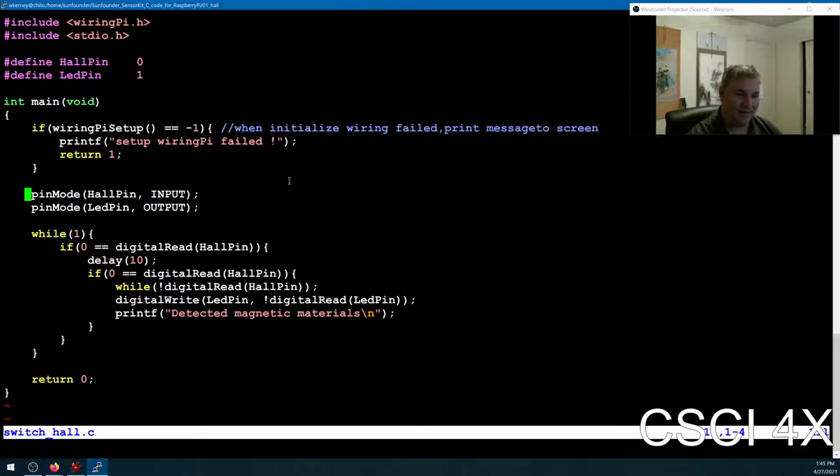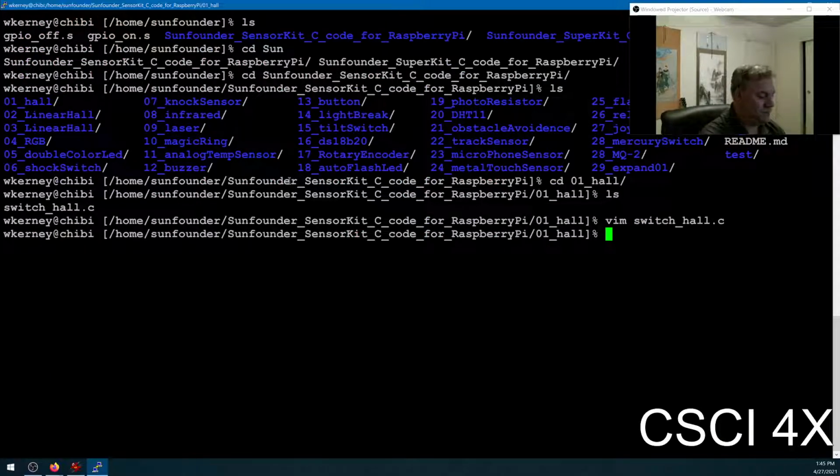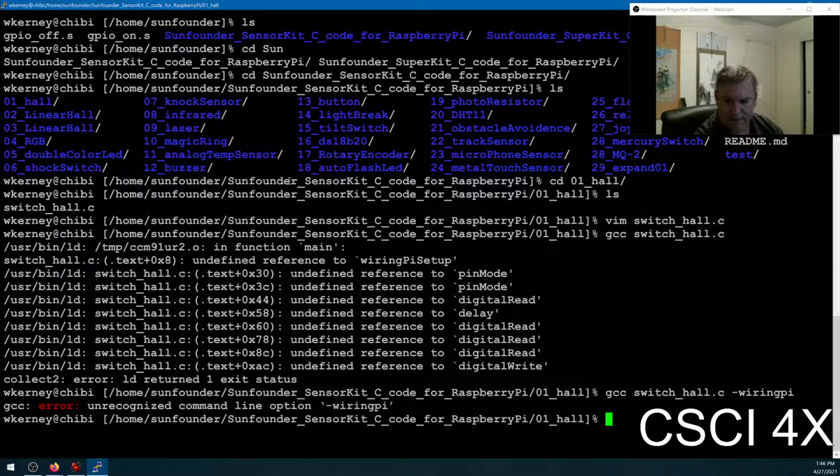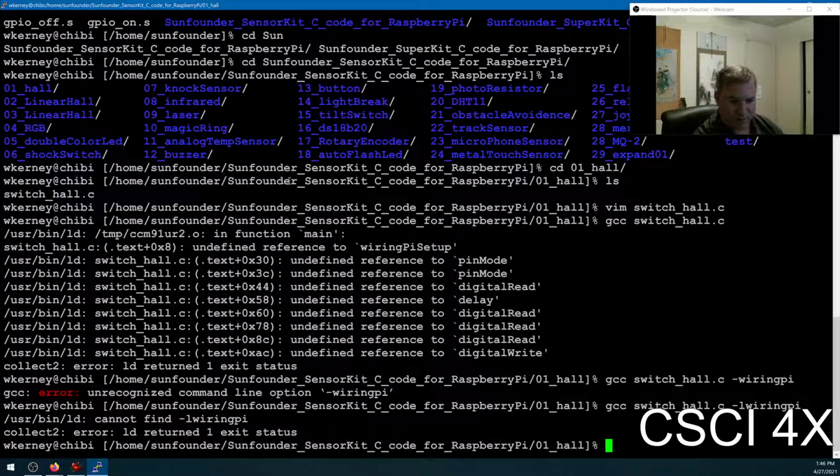All right, let's switch all, and it's going to give me a linker error if I do this. There we go. And so I need to link in wiringPi.